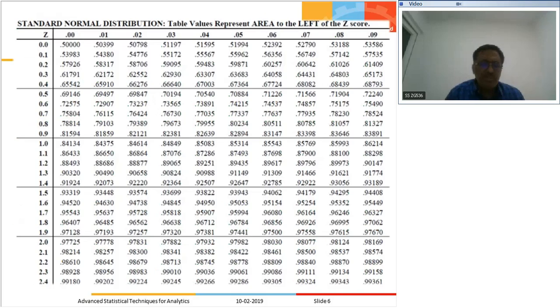Just try it now. It is something like this. Now, what is the probability that we had? Suppose it is 0.90. Then what is the corresponding Z value? 1.32. So we need to check where the probability we have lies, somewhere here, suppose. For any doubts, I will explain later regarding this.